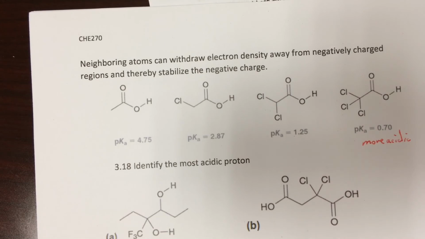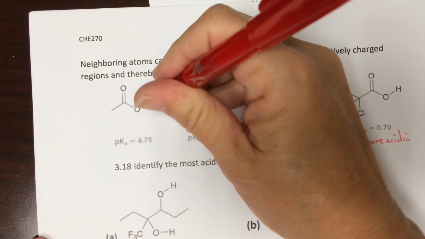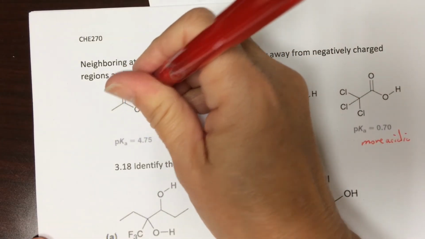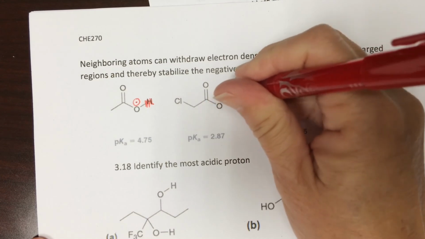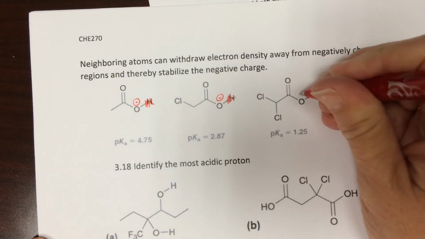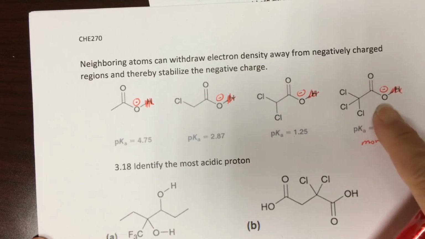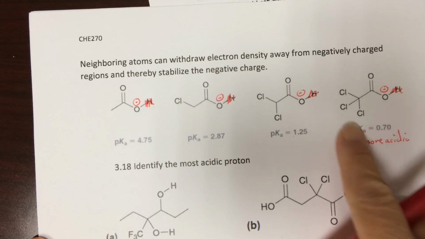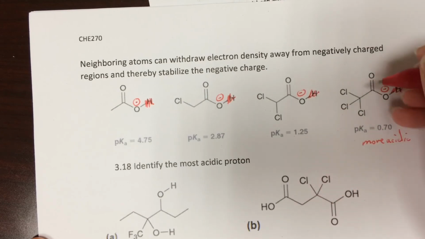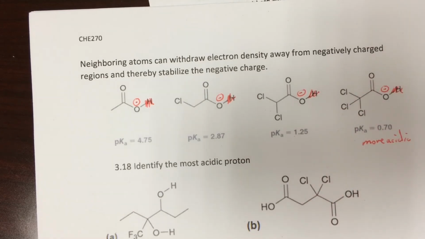So what we're doing is we're looking at the conjugate base. If we take these hydrogens off, we get a negative charge here, right? And that negative charge is stabilized by all this other partial negative charge pulling away.